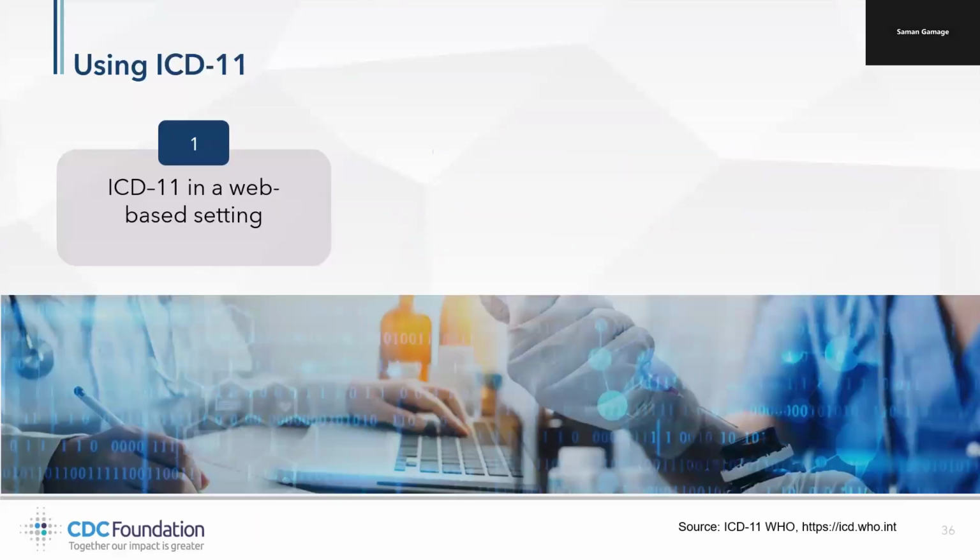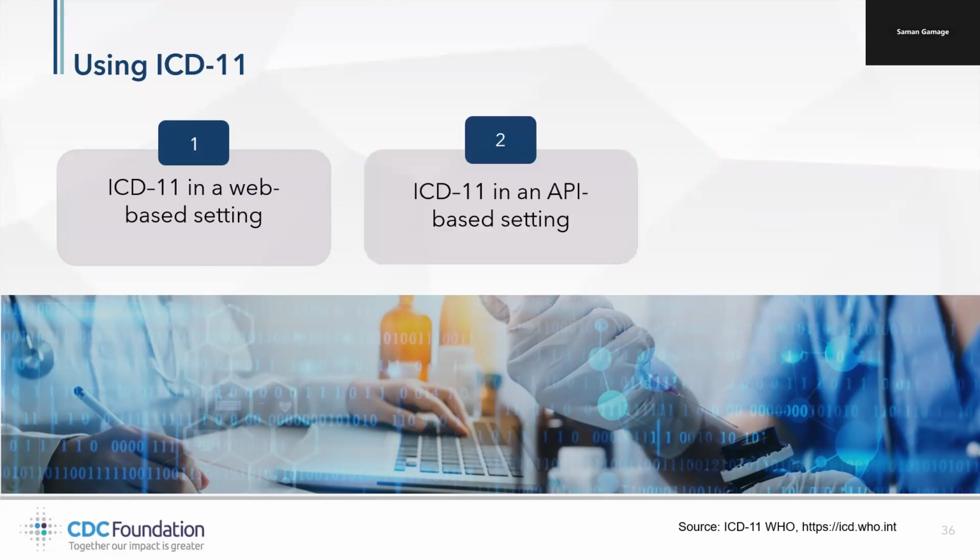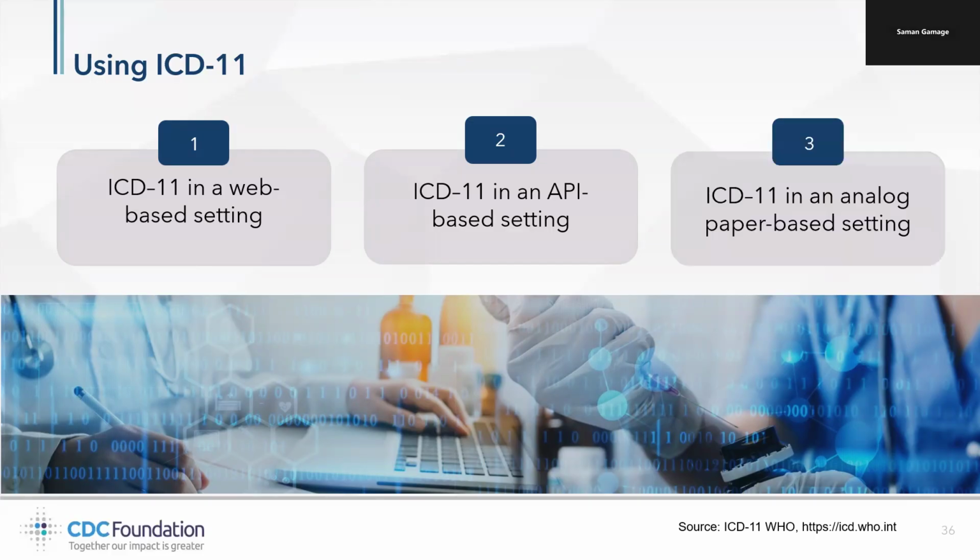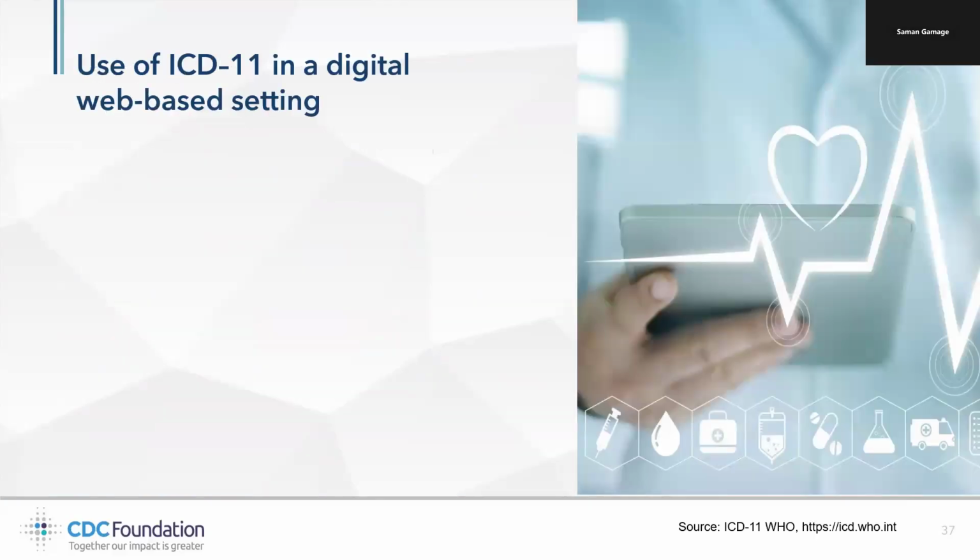When you use ICD, you can use ICD-11 in a web-based setting, or you can use ICD-11 in an API-based setting. And also, ICD-11 is available in an analog paper-based setting. In a digital web-based setting, you can access ICD-11 through a web browser.